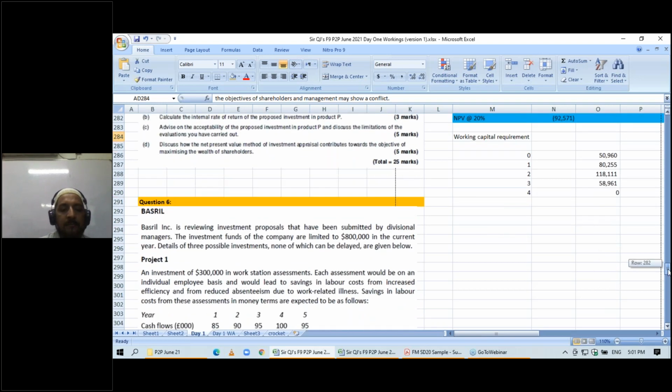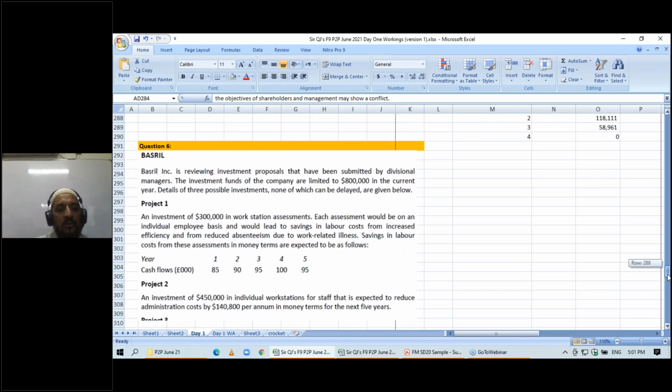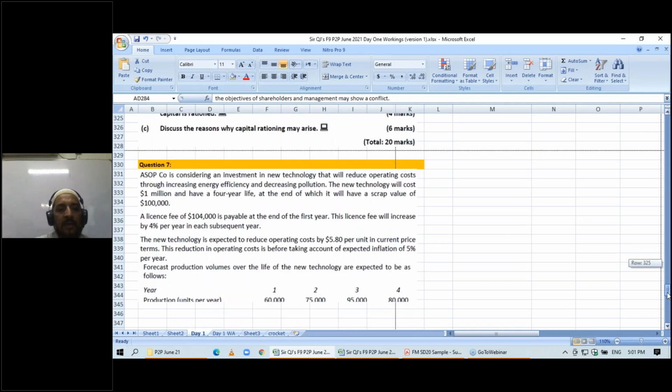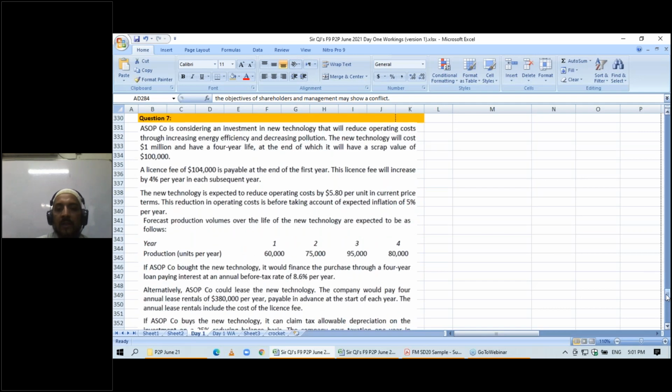The next question is question number 7, and that's ASOP. Question 6 is also on capital rationing. So I'll be providing a short discussion on it after we do ASOP.